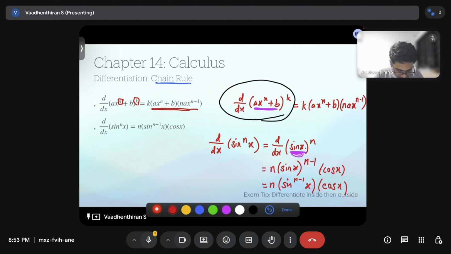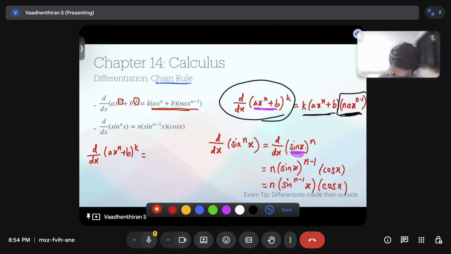Here is an exam tip so you don't forget that you need to differentiate the inside function. First take the inside. If I have a x to the n plus b, all to the k, I'm telling you to first do the inside part. First write this differentiation and then go to the outside, because we generally do the outside but might forget the inside function.